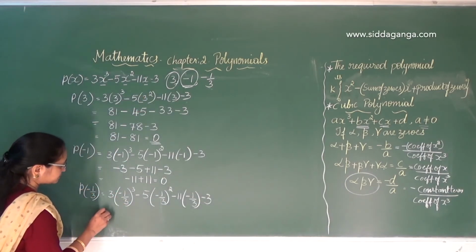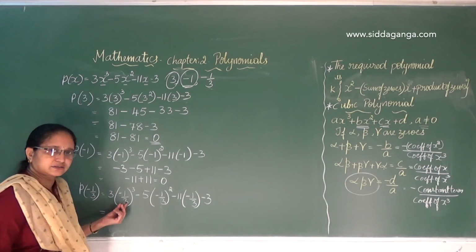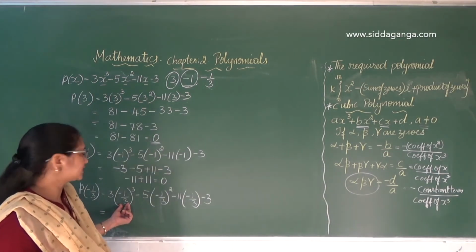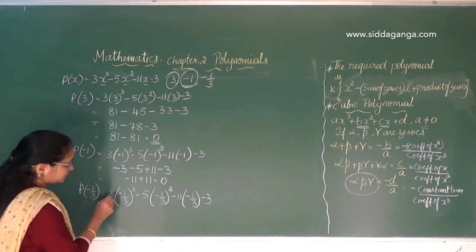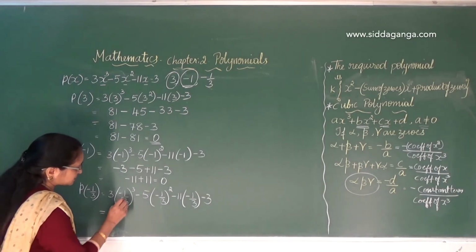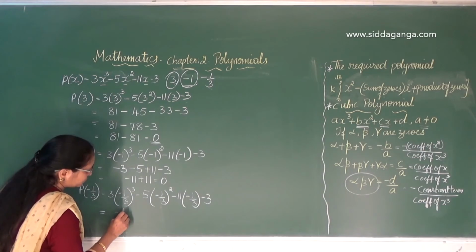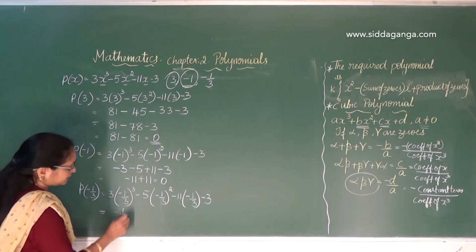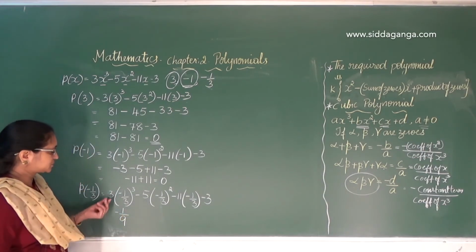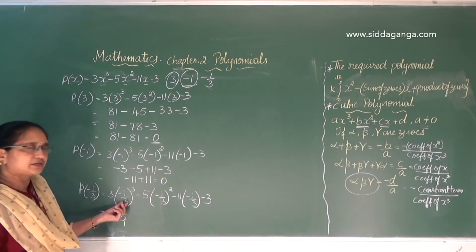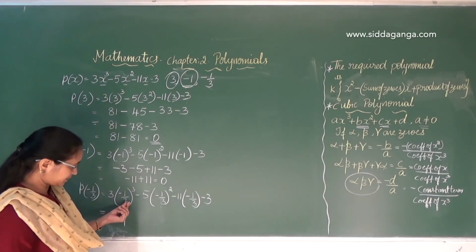Now, here see, to simplify the calculation, see here 3 gets cancelled. So, what remains now? Minus 1 by 9. I hope you understood. 1 3 gets cancelled and other 3 will remain 2.